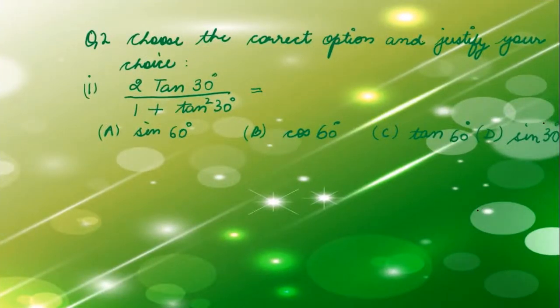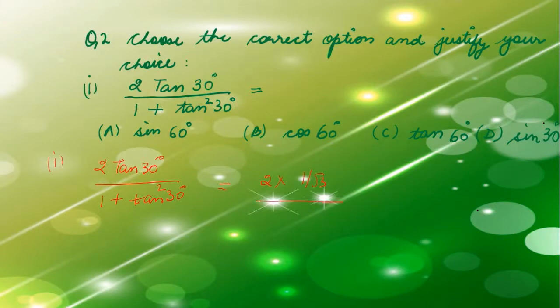So now question number second is choose the correct option and justify your choice. Now what they are saying is 2 tan 30 degree upon 1 plus tan square 30 degree. Now you know tan 30 is your 1 by root 3.